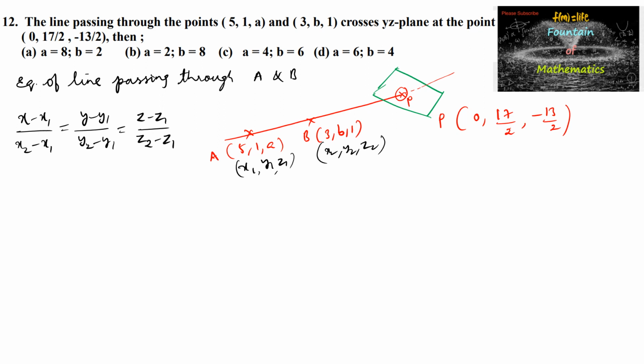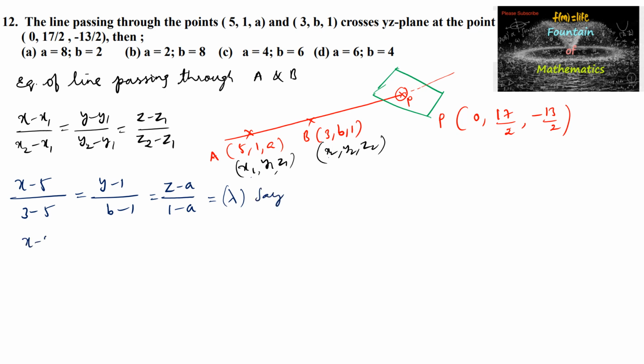So here, x minus x1, that is x minus 5, divided by x2 minus x1, that is 3 minus 5, which is equal to (y minus 1) divided by y2 minus y1, that is b minus 1, and (z minus a) upon z2 minus z1, that is 1 minus a, which is equal to, let us consider, lambda.